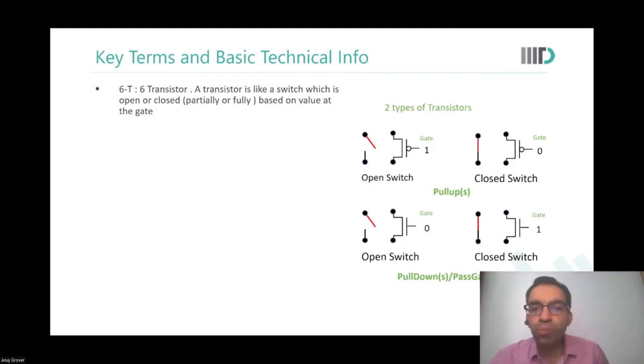PMOSs, we are calling them pull-ups in an SRAM cell, and PMOSs are open, that is, they do not pass any current when the gate is at 1. And they are closed when the gate is at 0. On the other hand, NMOSs are open when the gate is at 0 and they are closed when the gate is at 1. So they pass current when the gate is at 1.